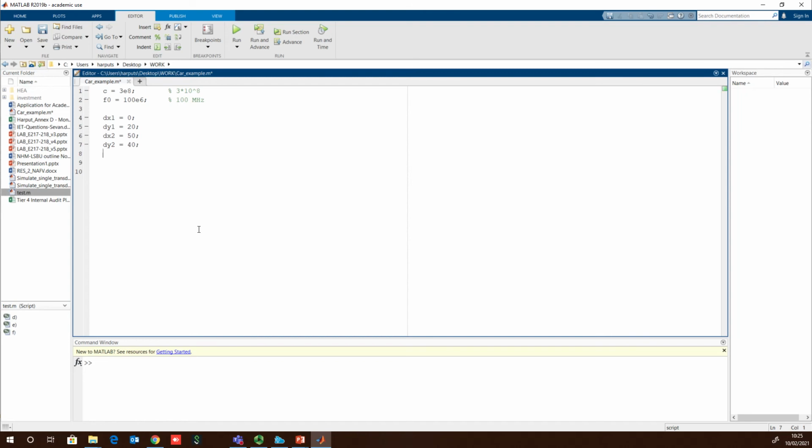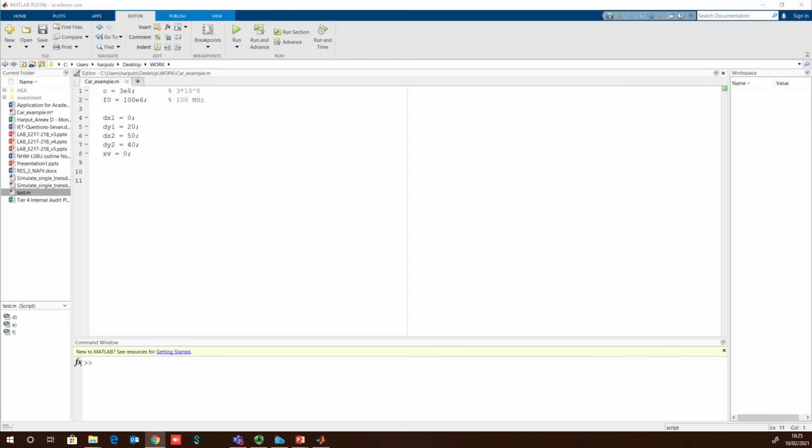Now that's quite good. And then to start with, xv, the car location, as we said, is changing from minus 50 to 50. But first of all, we're just going to try to calculate it at a 0 location. So let's assume the car is at 0 position, and then we will write the transmission equation, the cosine wave, and we will try to see what's happening at location 0.